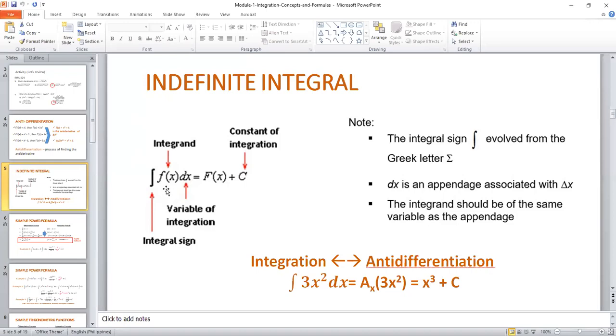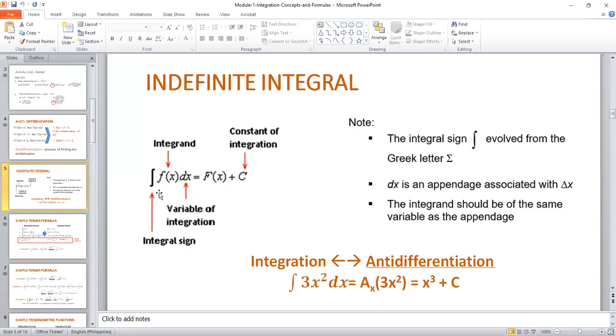A function of y will also yield a function of y as an answer. A function of v will also yield a function of v as the answer. Plus, don't forget the arbitrary constant of integration. So if you miss writing the plus c, you will have a deduction because this plus c can only be omitted or forgotten when we're dealing with the definite integral, that is, the integral with the limits already.